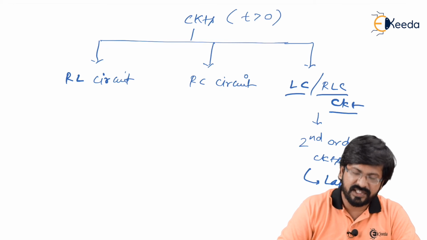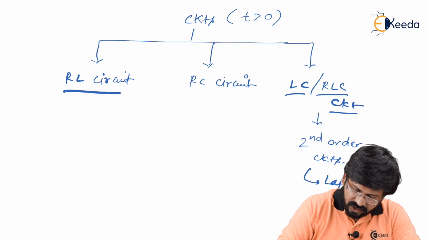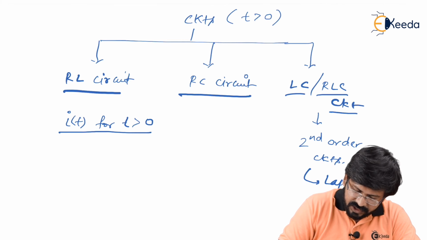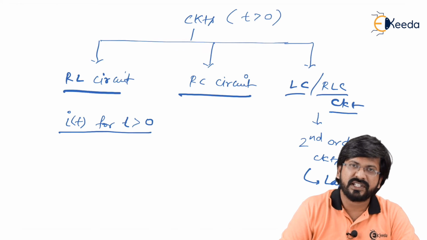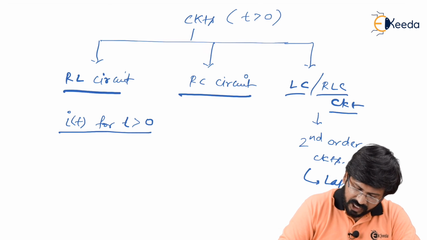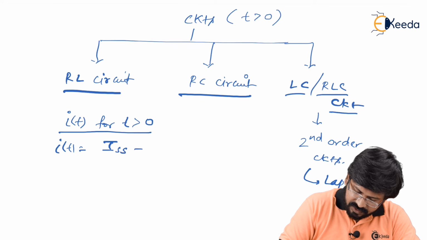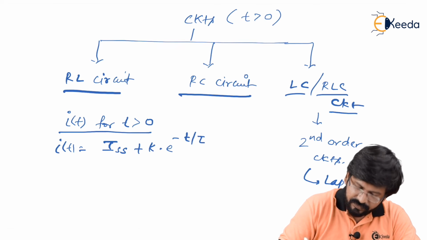So I am discussing RL circuit and RC circuit, for t greater than 0 particularly. Current I of t for t greater than 0. Please understand, I am talking about both circuits, whether it is RL circuit or RC circuit. Current I of t for t greater than 0 has a fixed equation, which is given as ISS plus k into e to the power minus t by tau.